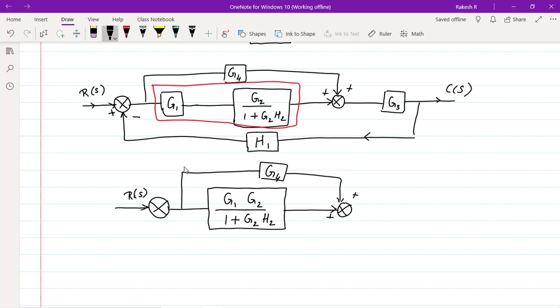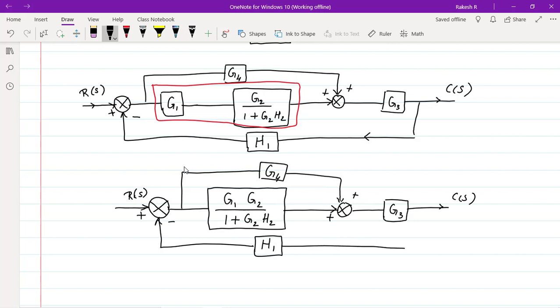This one is also positive sign. And we have G3. And we have C of S as the output here, and we have H1 as the feedback. This is negative feedback, and it comes after G3. Right.